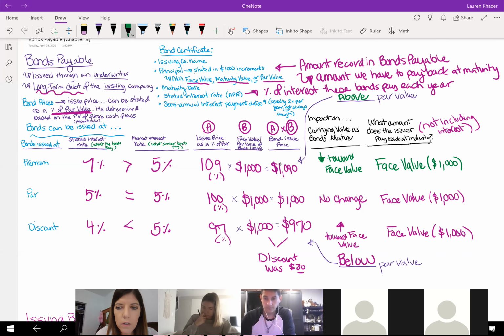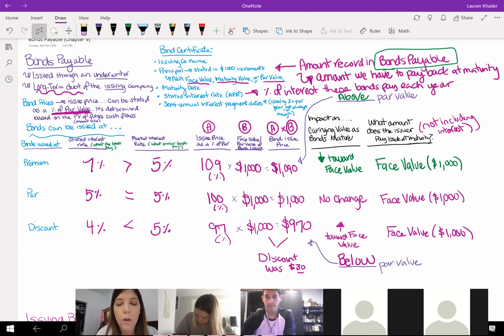Right here is the reason why we only record face value or par value in the bonds payable account, because that's how much we're going to have to pay back at maturity for all bonds, regardless if they're issued at a premium, at par, or at a discount.